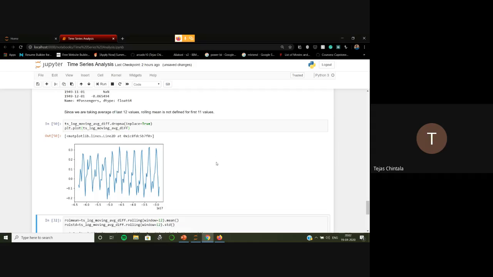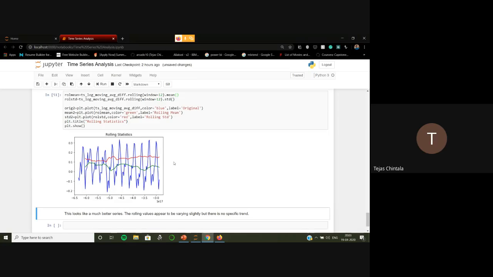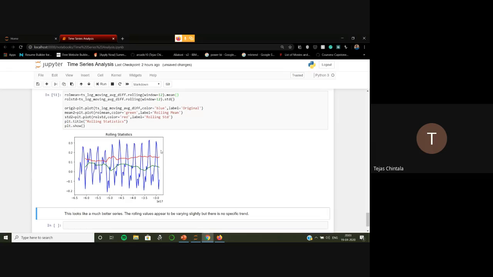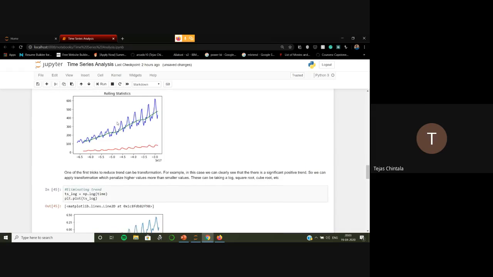Then again, I'll go on and find the rolling mean for this particular graph. We see that my mean is plotted in red and my standard deviation is plotted in green. If we compare it to the previous graph, the mean was increasing, as well as the standard deviation.